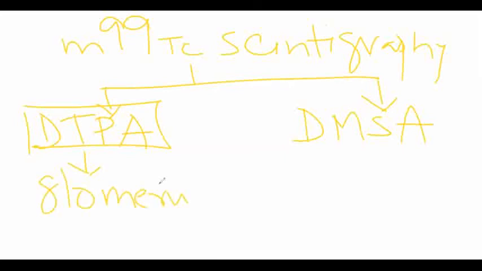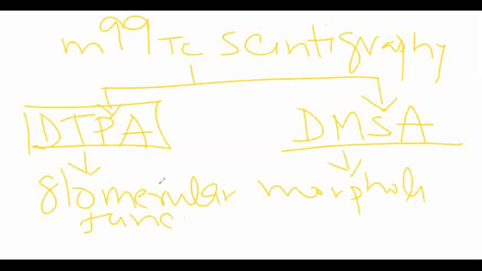So glomerular function or glomerular filtration rate can be assessed by this DTPA scan. With the DMSA scan, using technetium-99m scintigraphy or radioisotope, we can assess the morphology of the kidney. So morphological assessment can be done by this DMSA.